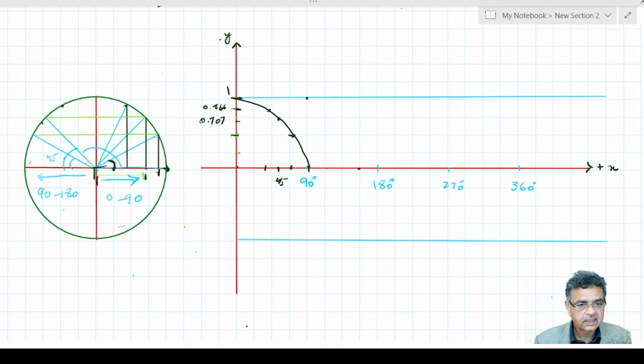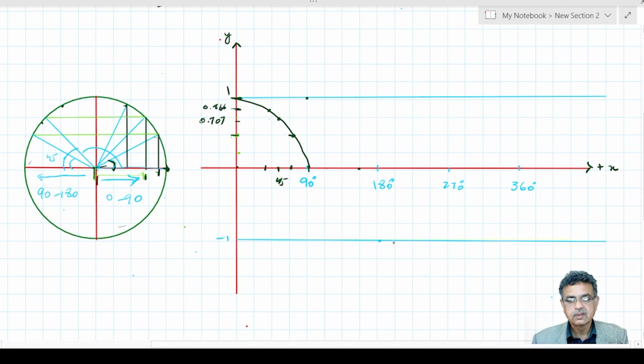And it is exactly 0 when the angle is 90 degrees. So at 180 degrees, it is the same value 1. Now you can see that this is 1, the same 1 is here, but on the opposite side. That is the only difference, that the value is on the opposite side.